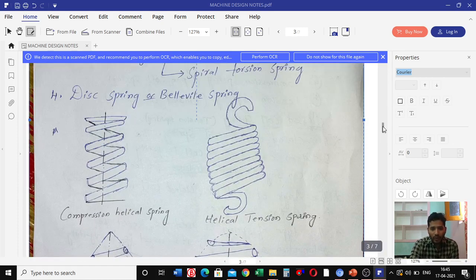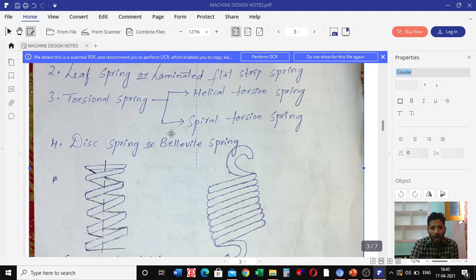Next, we are going to discuss torsional springs. Torsional springs are broadly classified into two types. The first one is the helical torsional spring, and the second one is the spiral torsional spring.